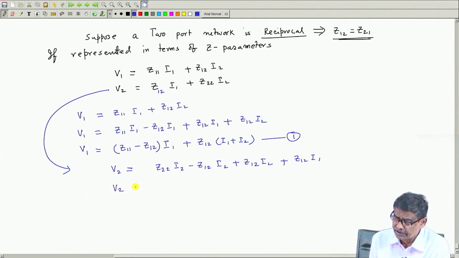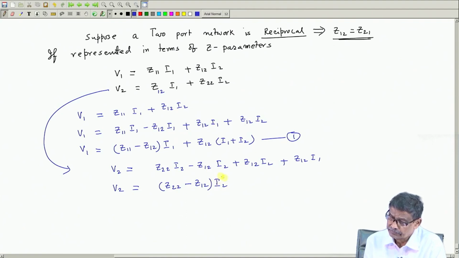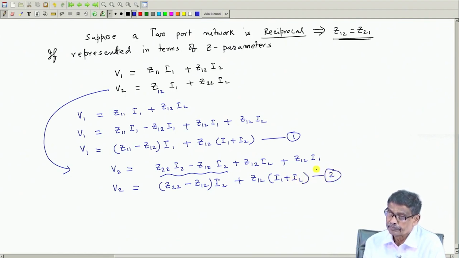Therefore, it can be written like this: Z22 minus Z12 into I2, these two terms, and this one will be plus Z12 into I1 plus I2. Let this equation be 2.